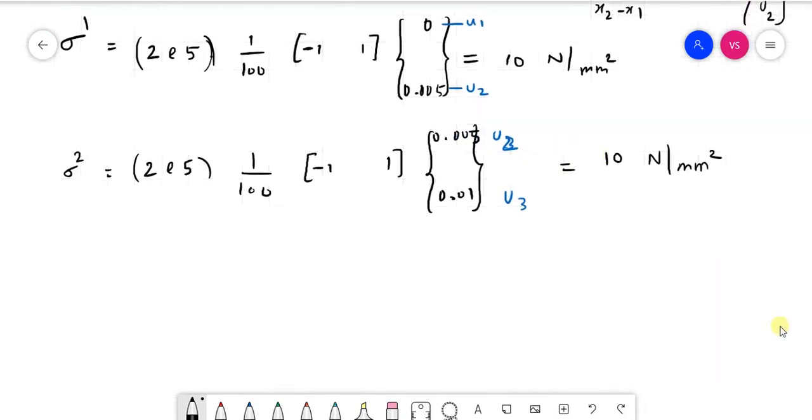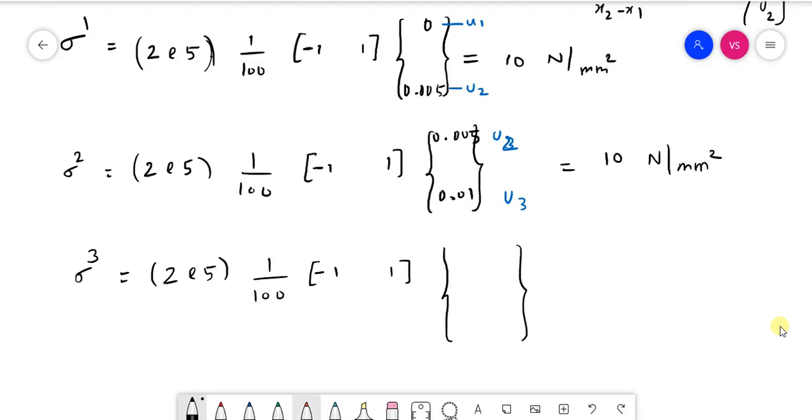Now the third element, same length as before, so 100 minus 1 1. Now I should write U3 U4.